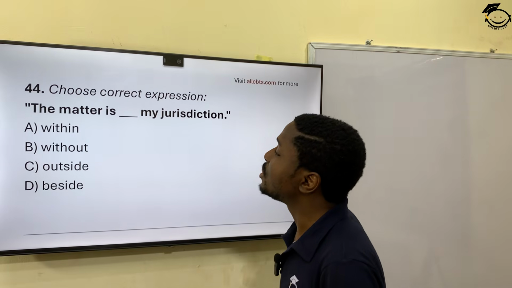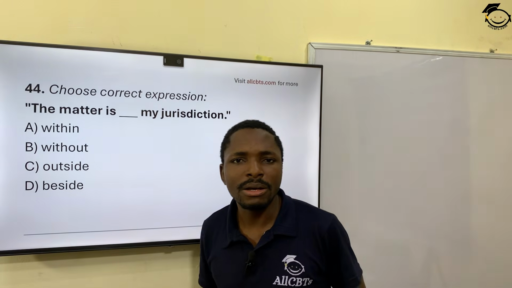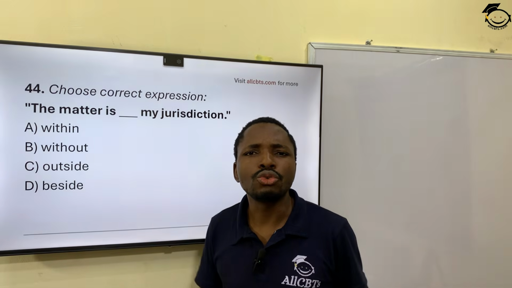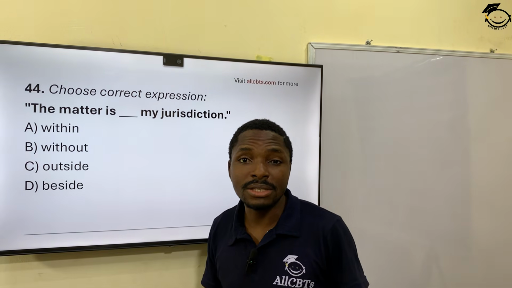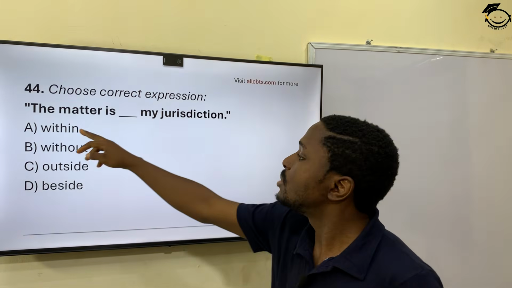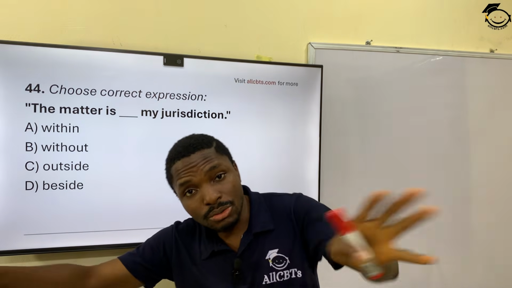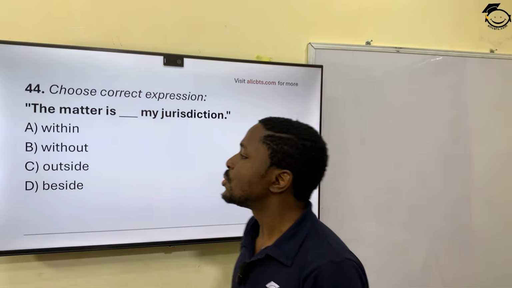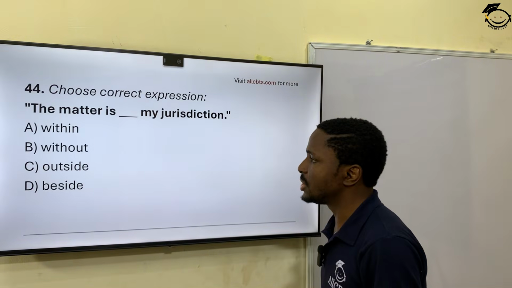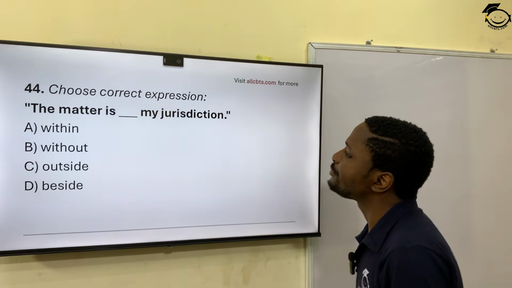So the matter is within my power, within my control, within my area of influence. You use within, because it's not out of it, it's inside it. So within my jurisdiction.